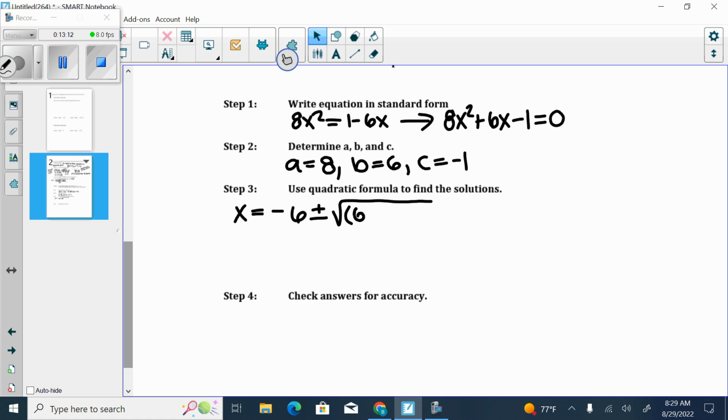It's good practice to put that number in parentheses, because if it's a negative, you would have to put it in a parenthesis if you're going to type it in your calculator, right? Okay. Minus 4 times a, which is good, times c, which is good. And all of this, including that negative 6 out in front, is divided by 2a.